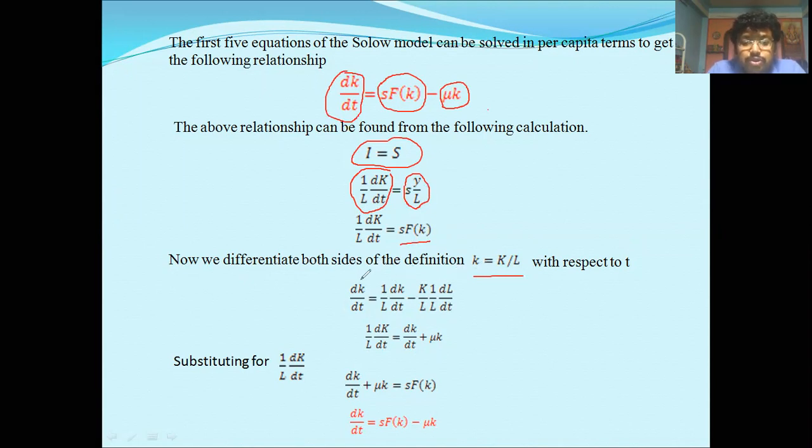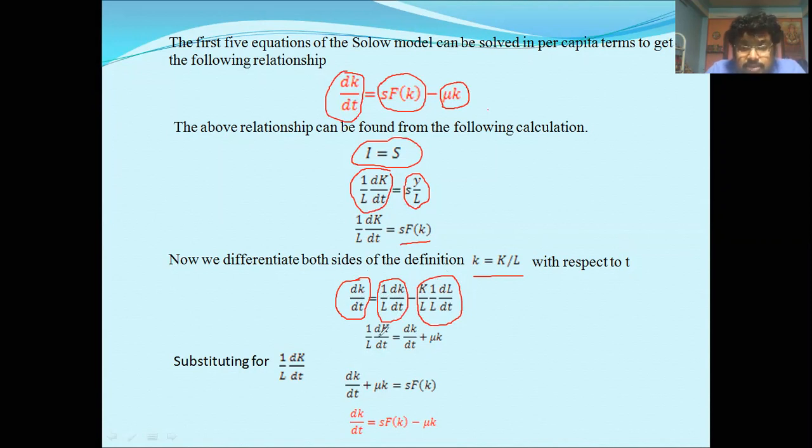I solve this equation. I get 1 by L dK by dt minus k by L times 1 by L dL by dt. Okay, I hope you understand. It is by using the mathematical differential formula that I have solved it and got it.